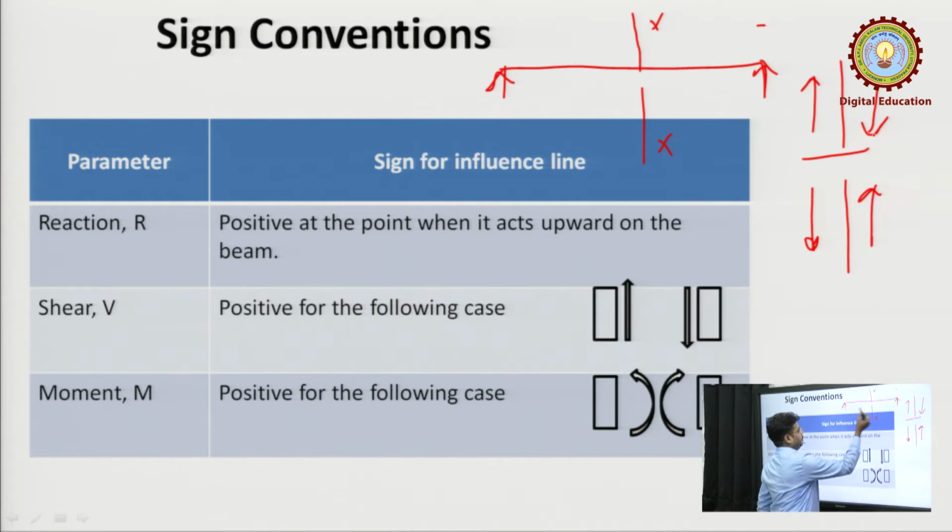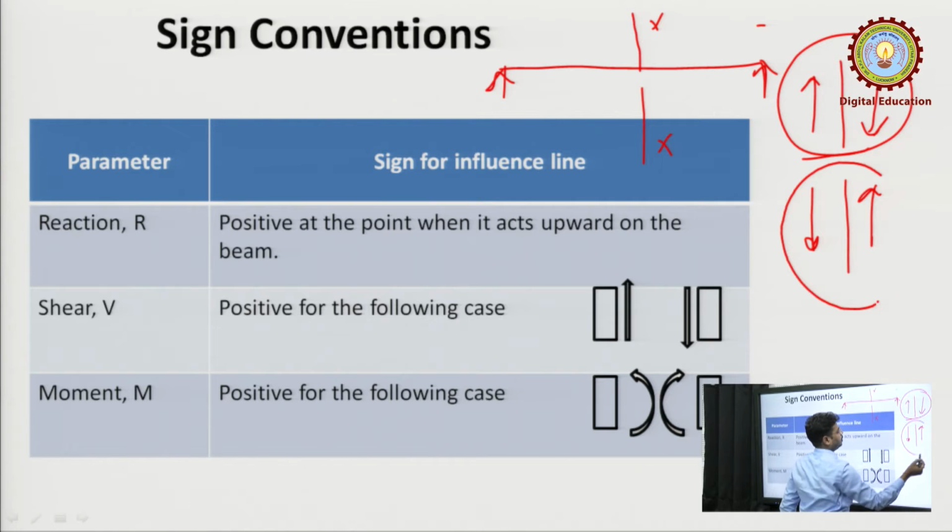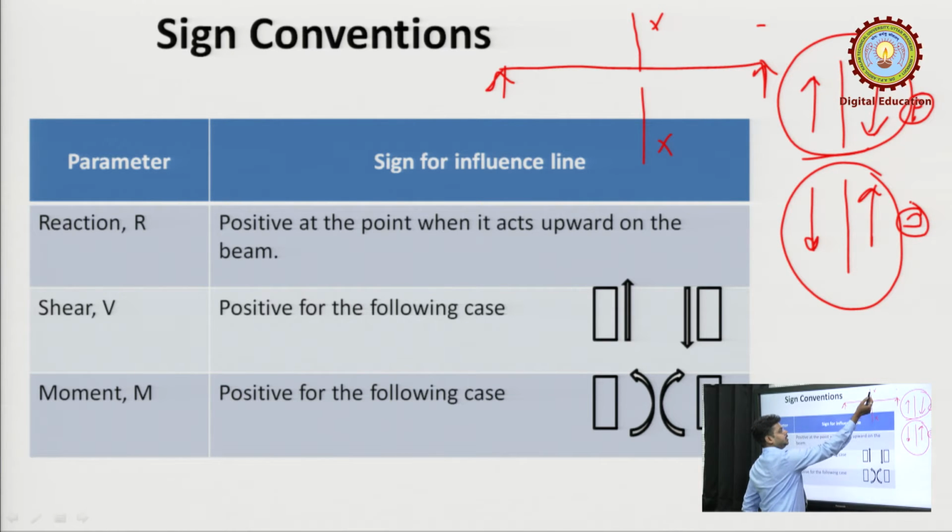Now we have a beam having section xx, and we have a sign convention. We have to draw the shear force diagram, and we need a sign convention. Then if we are taking forces on the section's right side or left side, this will decide your sign. Here you can see the section is xx, this is the left side of the beam, this is the right side of the beam.